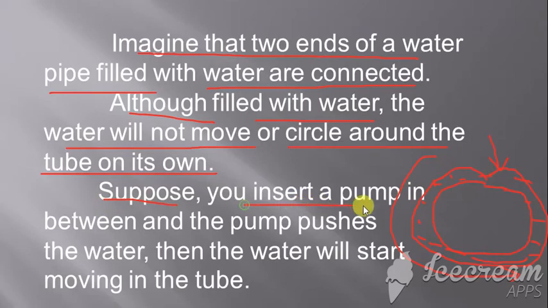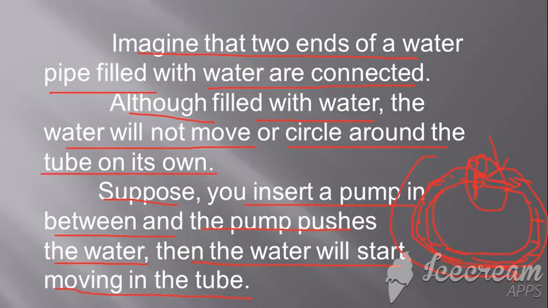Suppose you insert a pump in between. When you place it there and the pump pushes the water, the water will start moving in the tube. Because of that push, all the water in this tube will move.